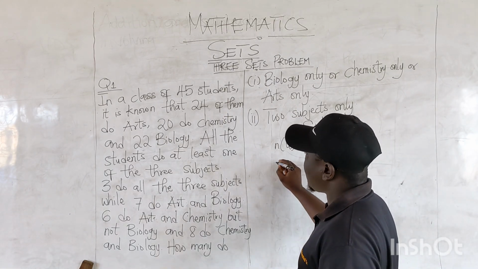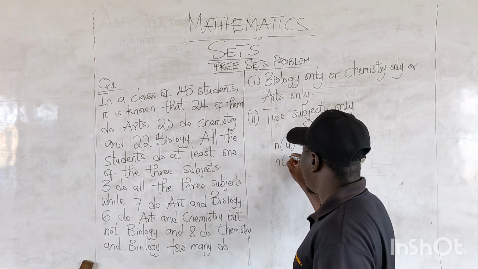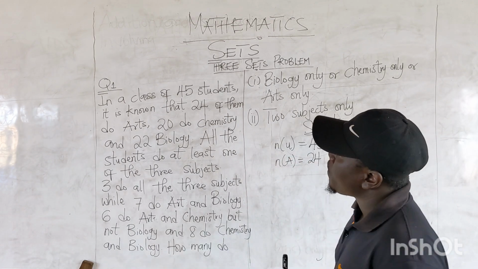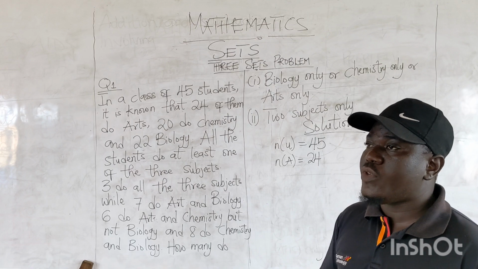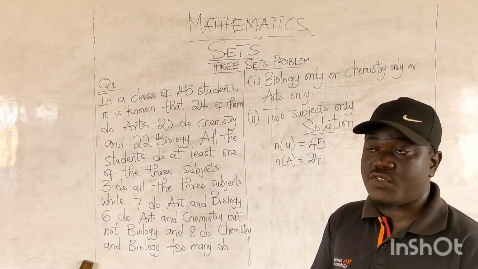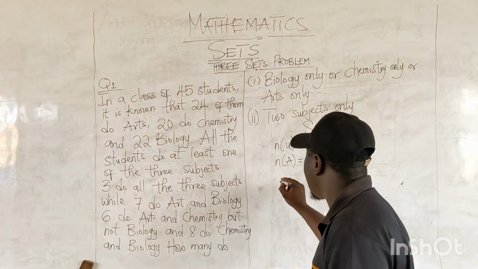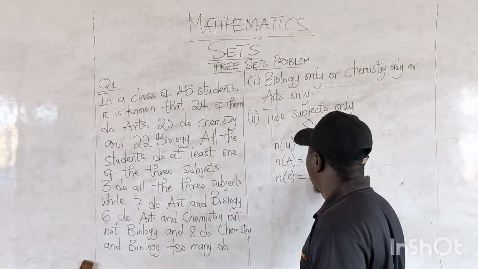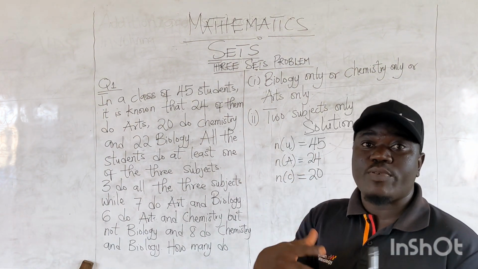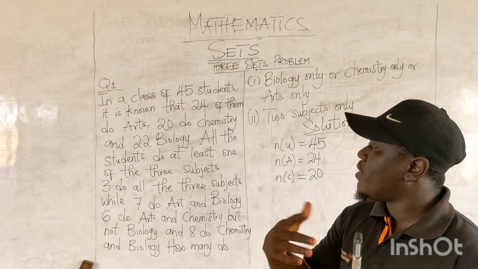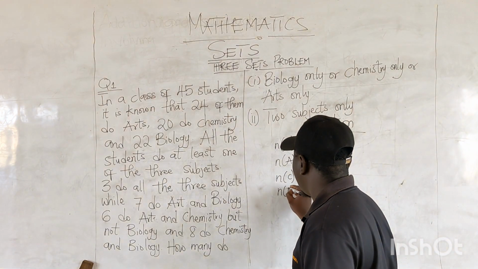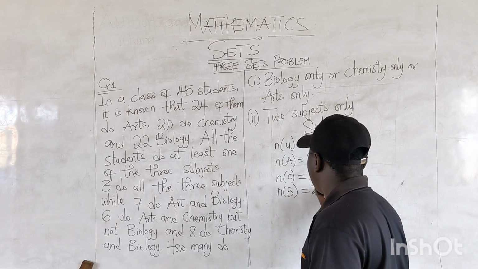So we say let the number that do arts, which is number of A, be 24. 20 do chemistry. So we say let the number that do chemistry, which is number of C, also be equal to 20. And then the number that do biology, which is number of B, let that one be 22.